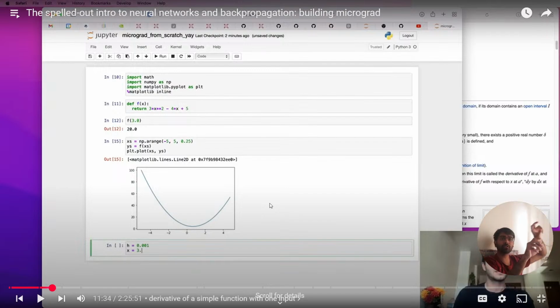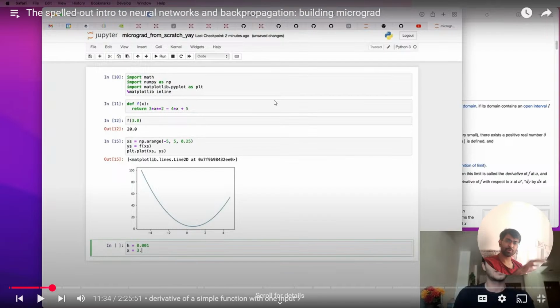Is it increasing, decreasing, or staying constant? That is what a derivative means. I only have this much clarity, but let's see, we'll research this in this episode.